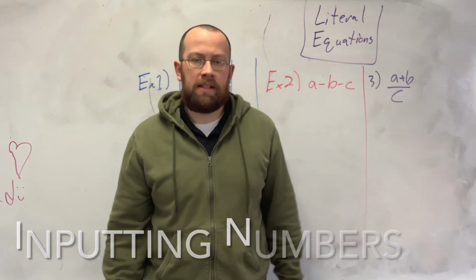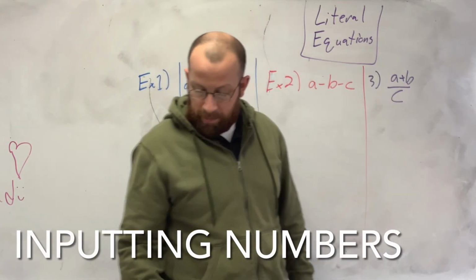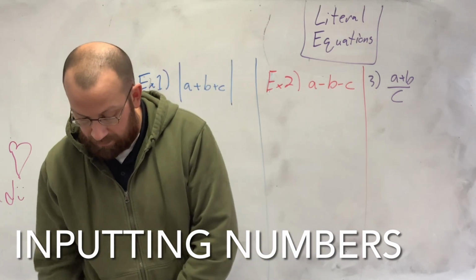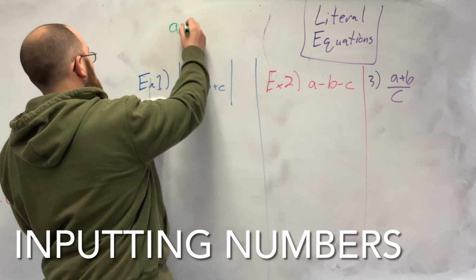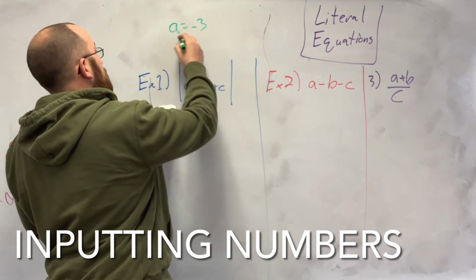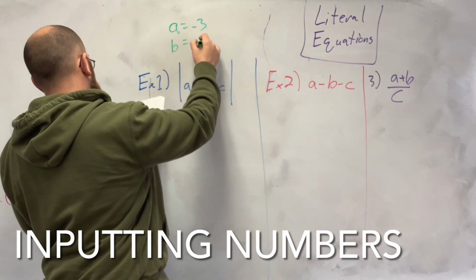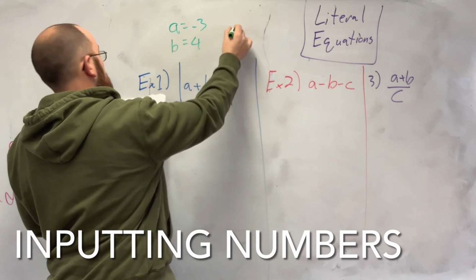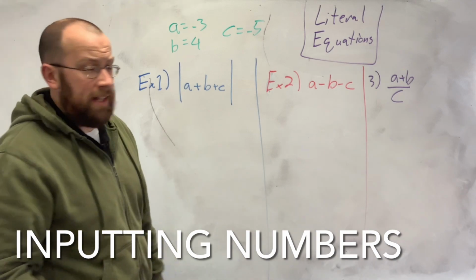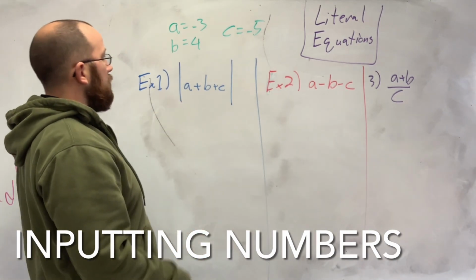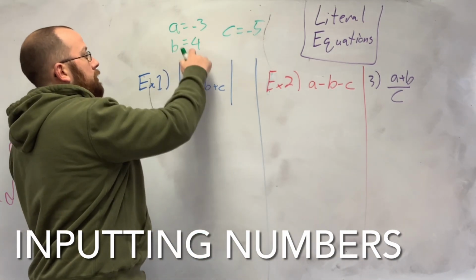Before we get to actual literal equations, we're going to plug in some answers. I'm going to show you how to solve some stuff. So for all of these, I'm going to plug in a equals -3, b equals 4, and c equals -5. I don't know why this is in this lesson, but we're going to do it anyways. So I plug them all in.